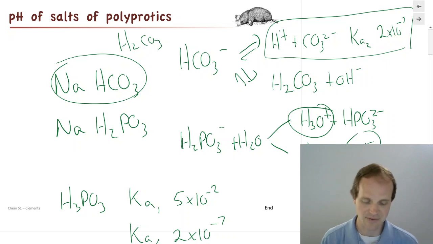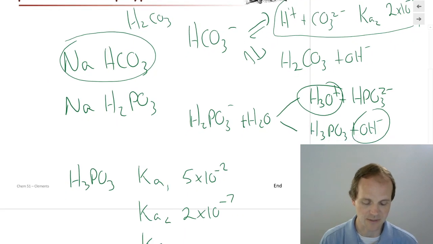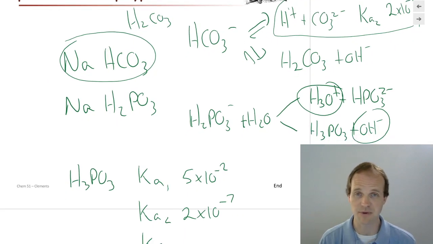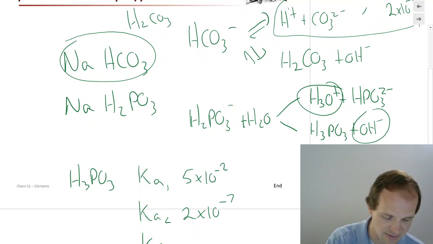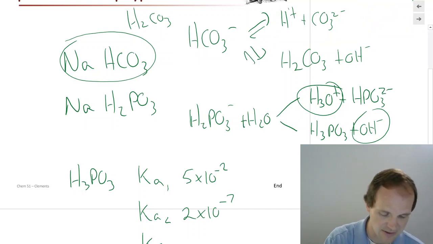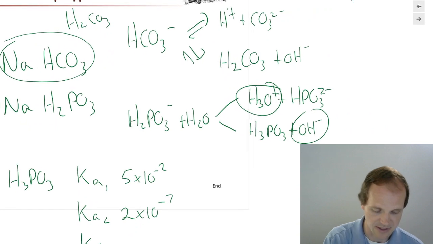What about that second reaction? And this is where it gets a little bit confusing for a lot of people, because you're like, well, I don't know which K to use. This looks like a Kb to me, right? I've got a something taking on water. Oops, I wrote that in the wrong section, didn't I? Okay, so this one is Ka2.